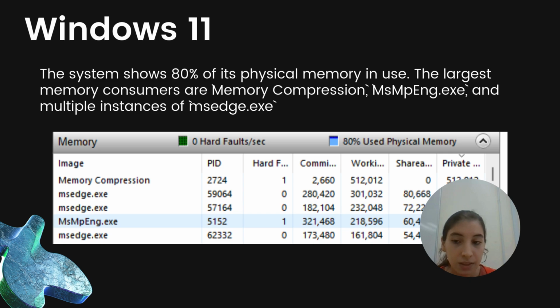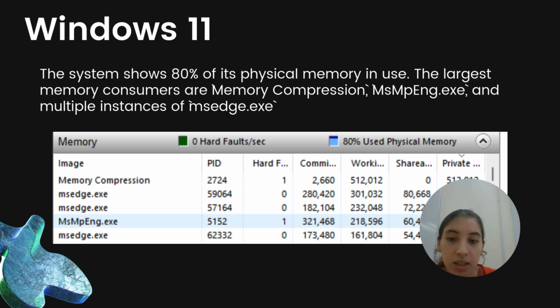Next we have the MsMpEng process associated with Windows Defender. This process consumes around 300 megabytes of memory, indicating active security scanning or monitoring activity that keeps our system protected from threats.